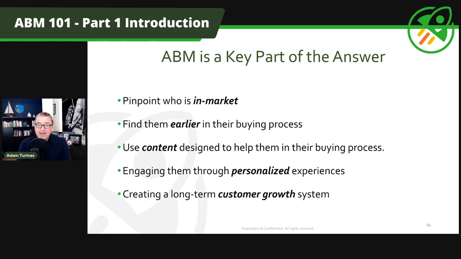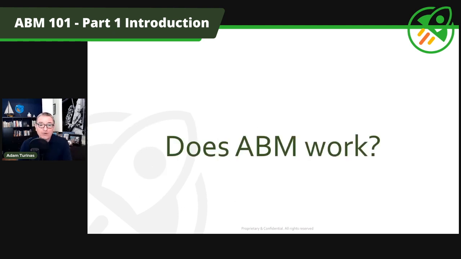The fourth aspect is engaging them through personalized experience. Customization and personalization is very important in ABM. And last but not least, it's about creating a long-term customer growth system. I'm going to talk about that as we explore this notion of total customer growth. Think of it as reinventing the way that you as an organization market and sell to customers so that you can win and grow profitable customers for life.